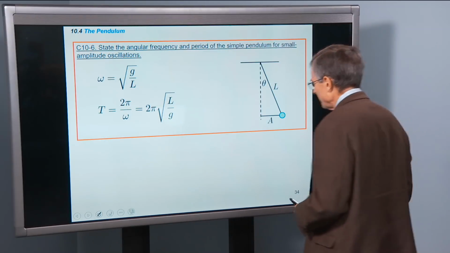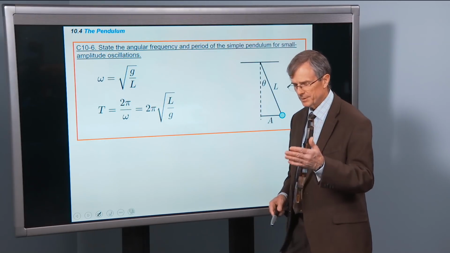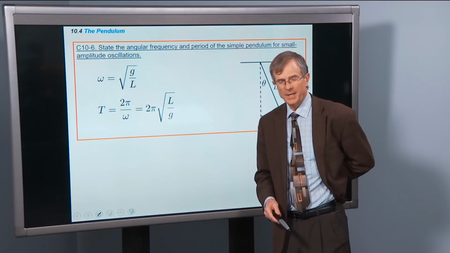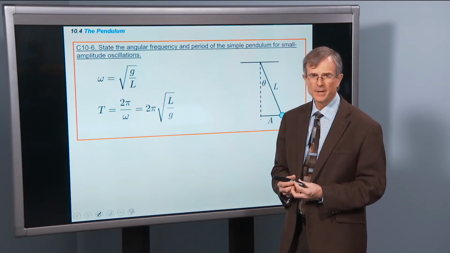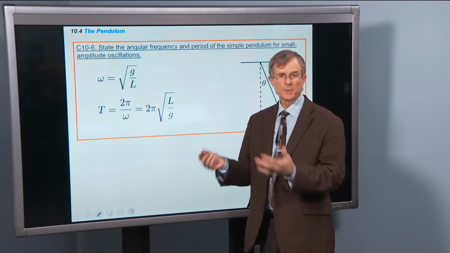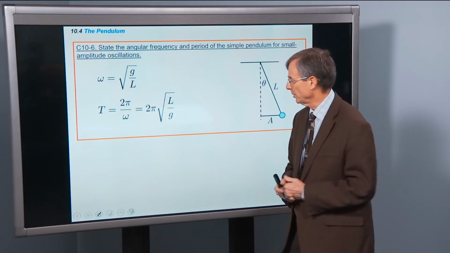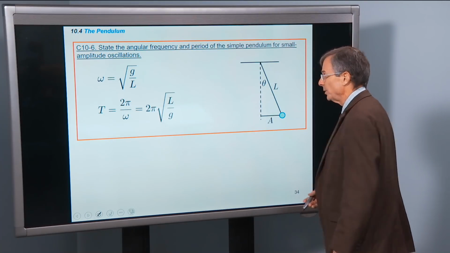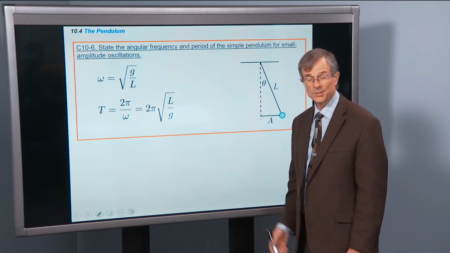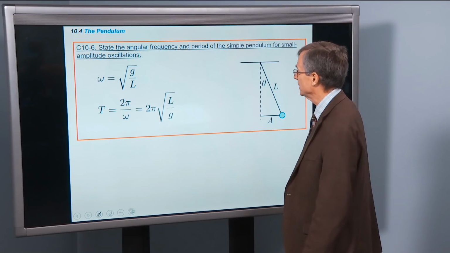So I'm not going to actually require you to know that derivation in detail, but I wanted you to be able to see where it comes from. It's similar to the derivation for the mass spring system that I have asked you to learn. But what I am asking you to do is to be able to state the result of that derivation.